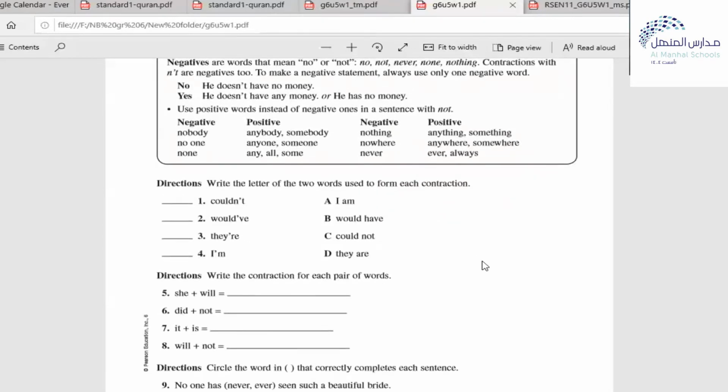Now let's come to the exercise itself. Write the letter of the two words used to form each contraction. Now we have the contractions here. Take couldn't, for example.